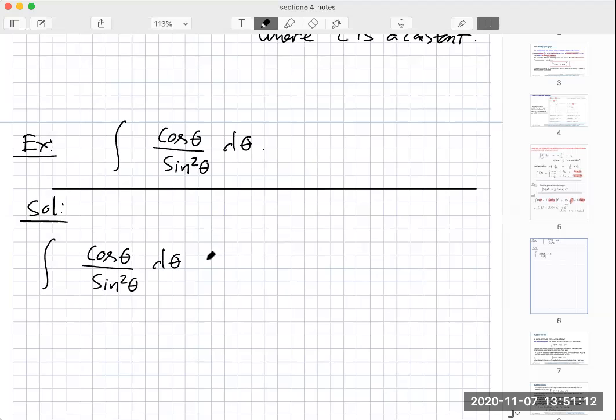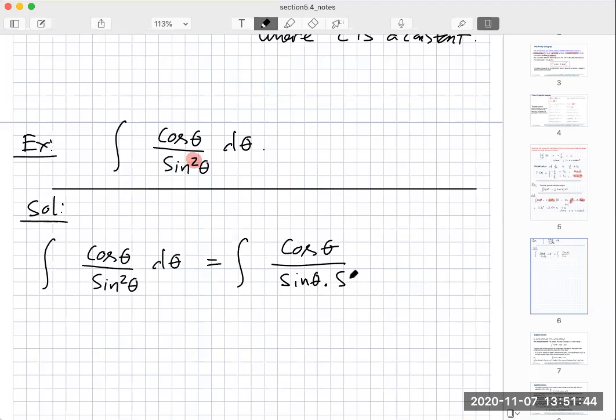Very good. Because we don't see anything similar to this, let us try to make it the way we are familiar with. So we separate this guy, the fraction here, into two terms. So here we have secant square, right? Secant square is sine square, I'm sorry, I mean sine square.